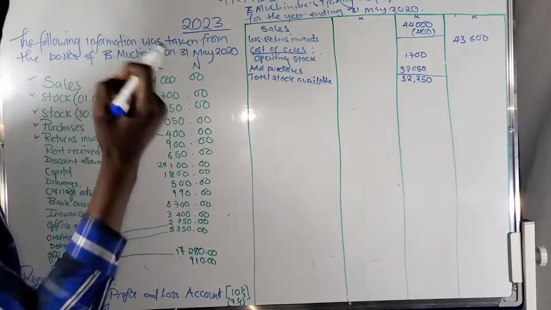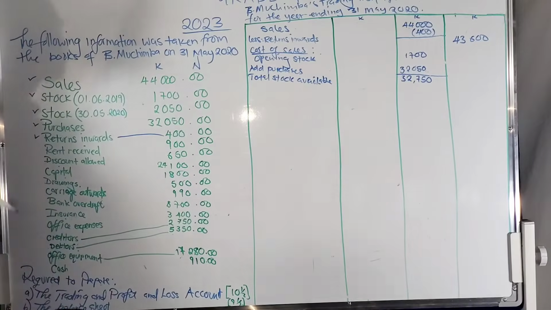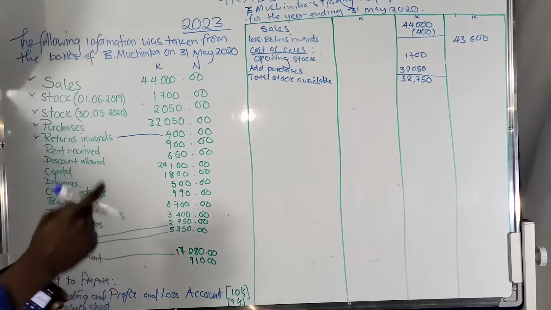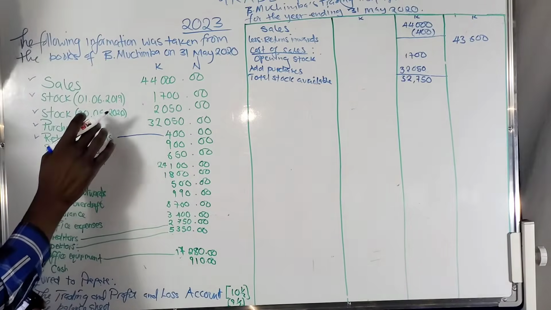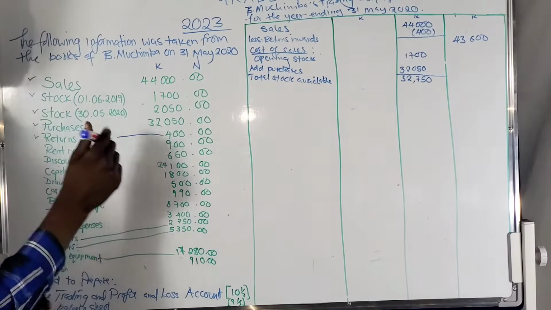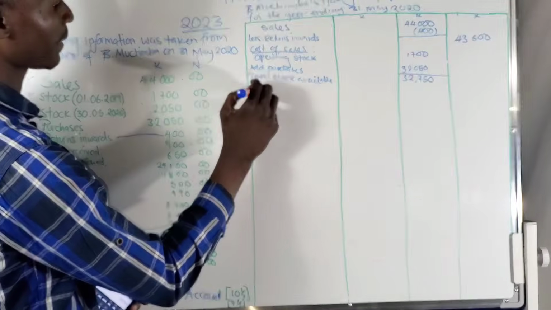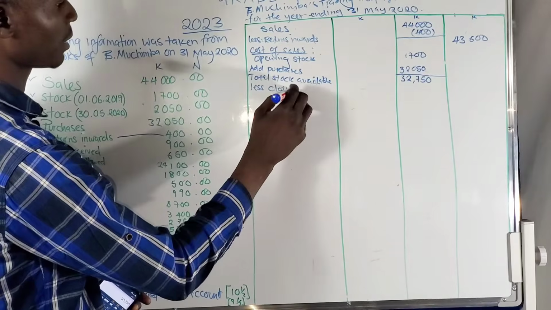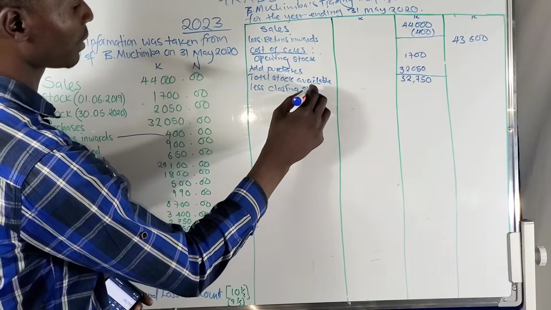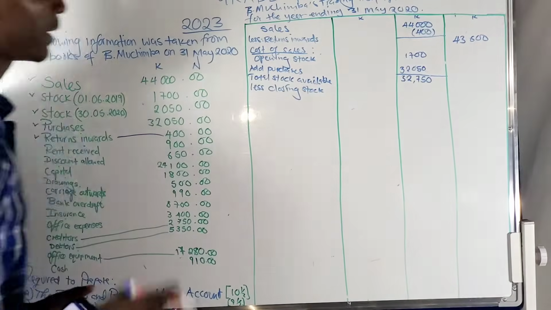Now to the total stock we subtract the closing stock. What is the closing stock? This is the opening. This is the closing. So we're going to say less closing stock.